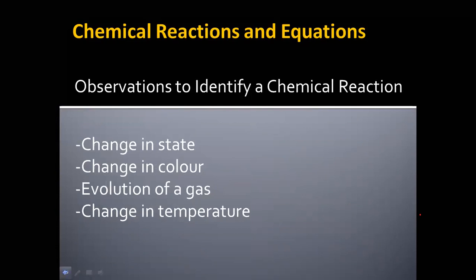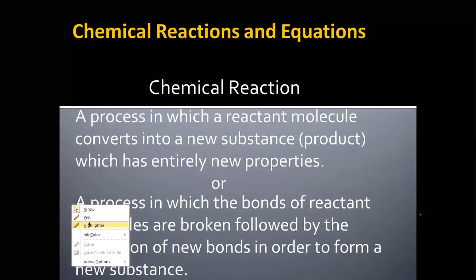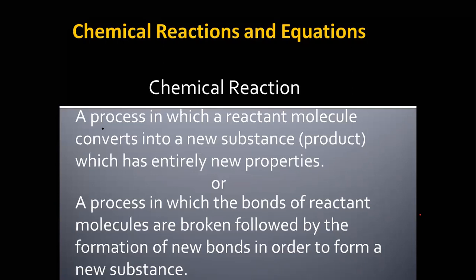A chemical reaction is basically a type of process in which a reactant molecule converts into a new substance. That substance is now termed as product. So important terms are there. One is the reactant, the other is the product.